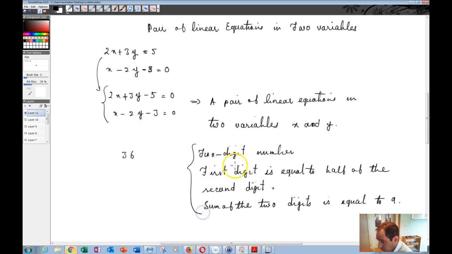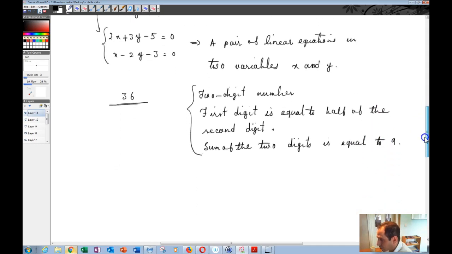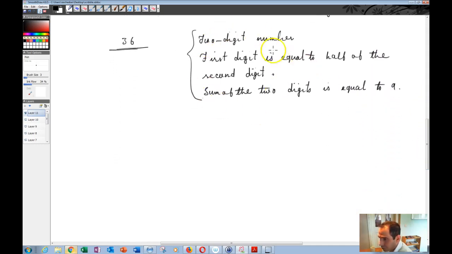This is the information that I have given you, and of course let's pretend that you don't know that the number is 36. So if you know that you have a two-digit number, the first digit is equal to half of the second digit, and the sum of the two digits is equal to 9, you can write two equations.